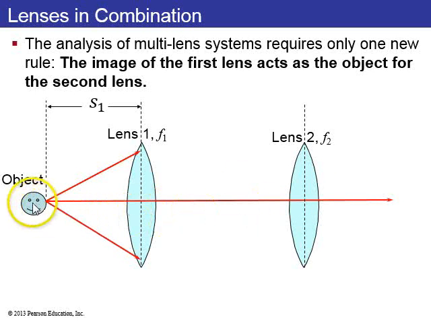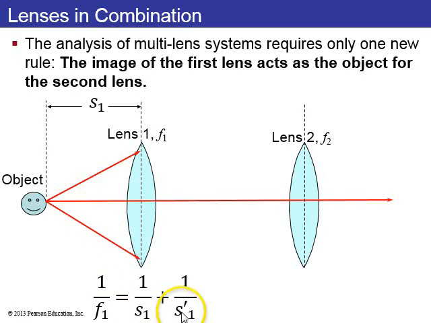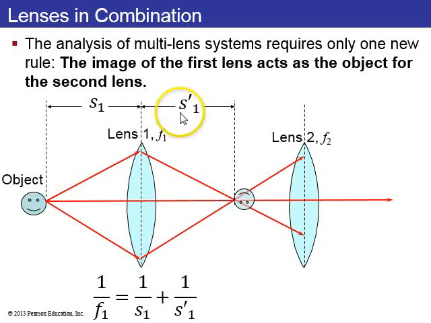So for example, here's an object and it's held out beyond the focal length of lens 1, where the focal length of lens 1 is f1. So if you set s1 as being the distance of the object from lens 1, then you can use the thin lens equation to find s1 prime, which is the image distance from lens 1 of this object.